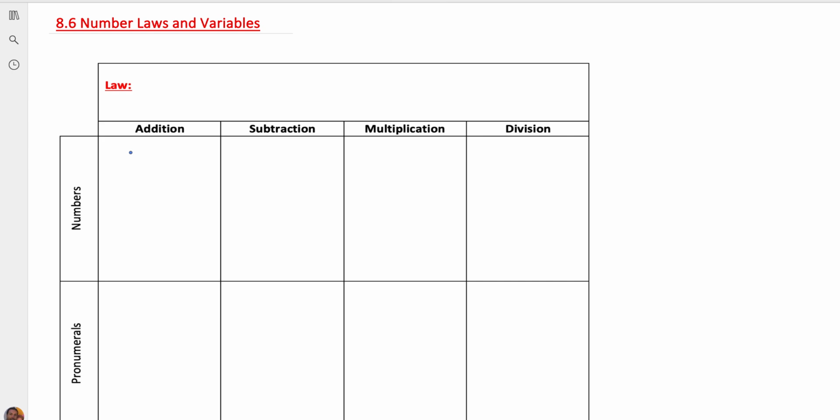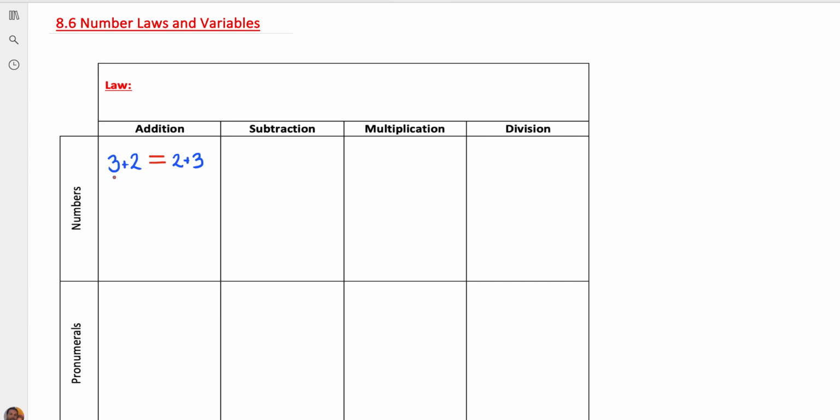So let's say that I have 3 plus 2, and then I have 2 plus 3. My question for you girls is: is 3 plus 2 equal to 2 plus 3? And I'm hoping that you're saying, yes, it is. So these are equal. Okay, good.